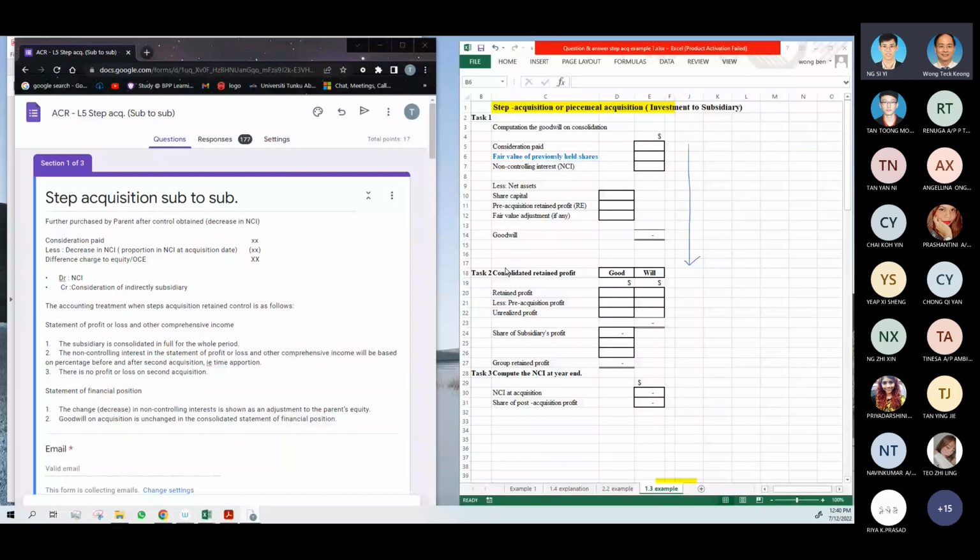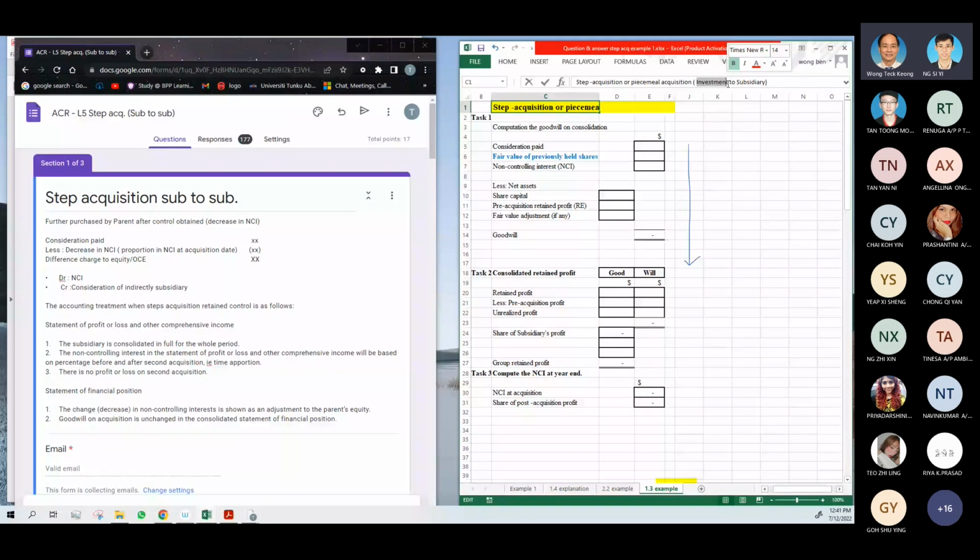Okay, can we discuss the online questions? Now this one is the step acquisition where it is subsidiary to subsidiary.